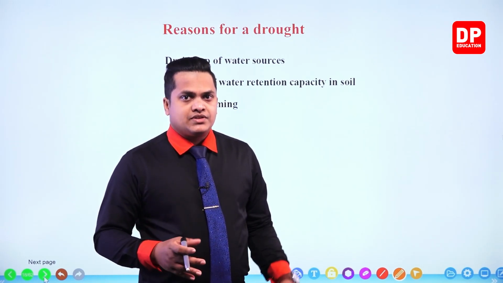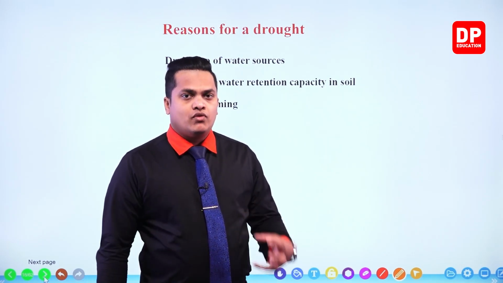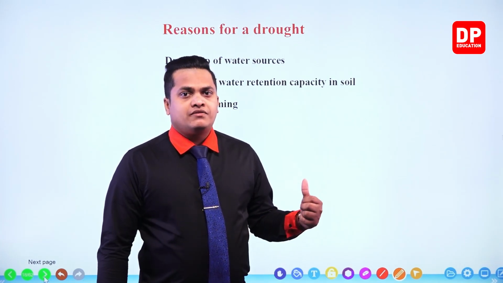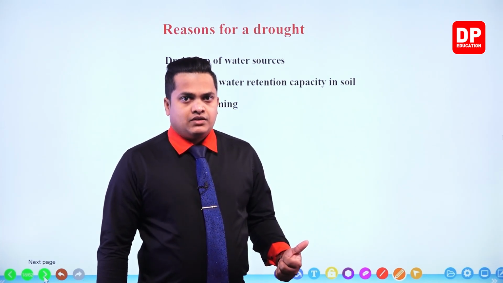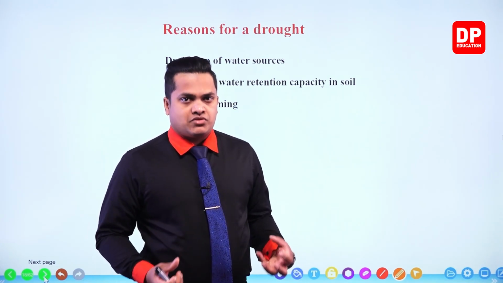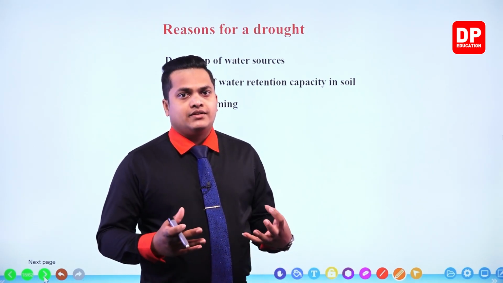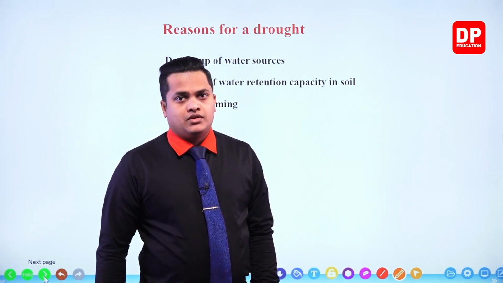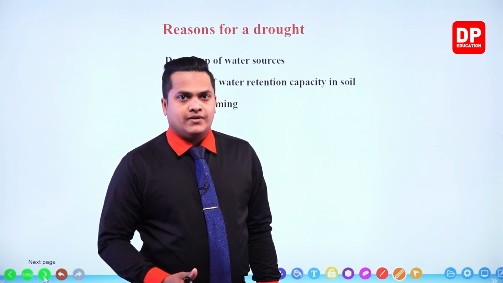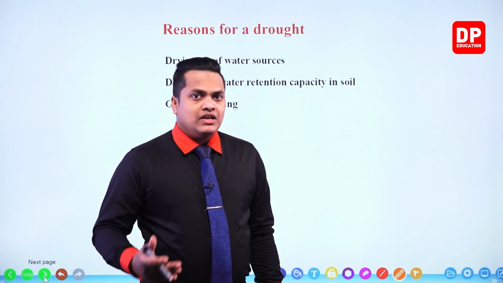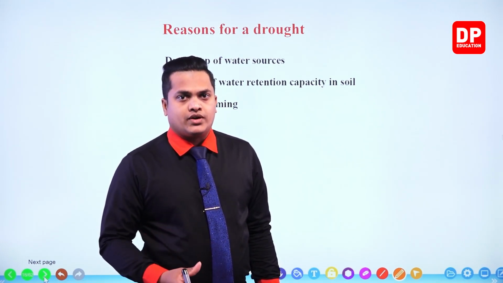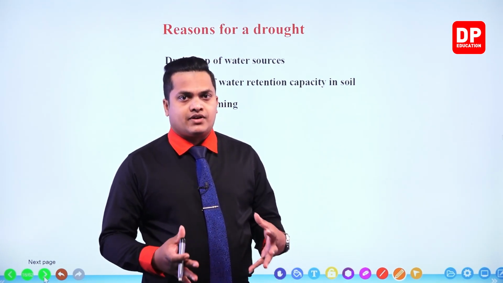It's mainly because our soil contains some amount of water. Okay. So if this water level is not retained in the soil, that would create a drought, because drought is mainly created because of lack of water. So if the soil does not retain that much water, then definitely that will create a drought.